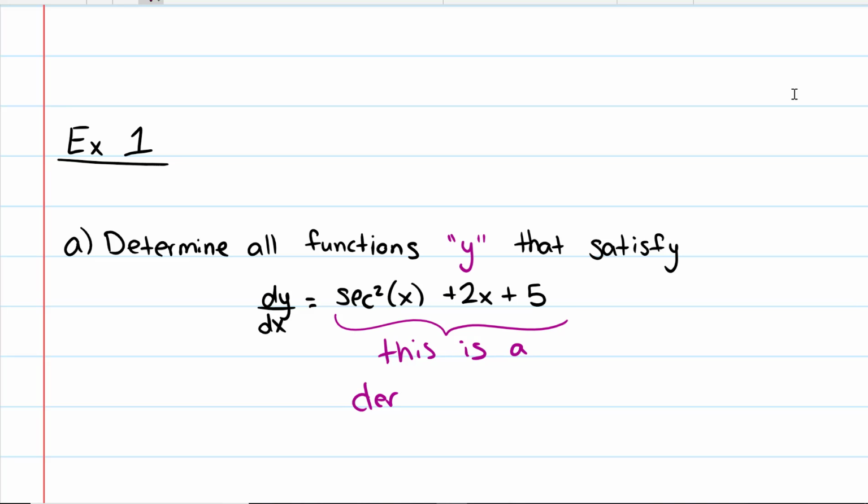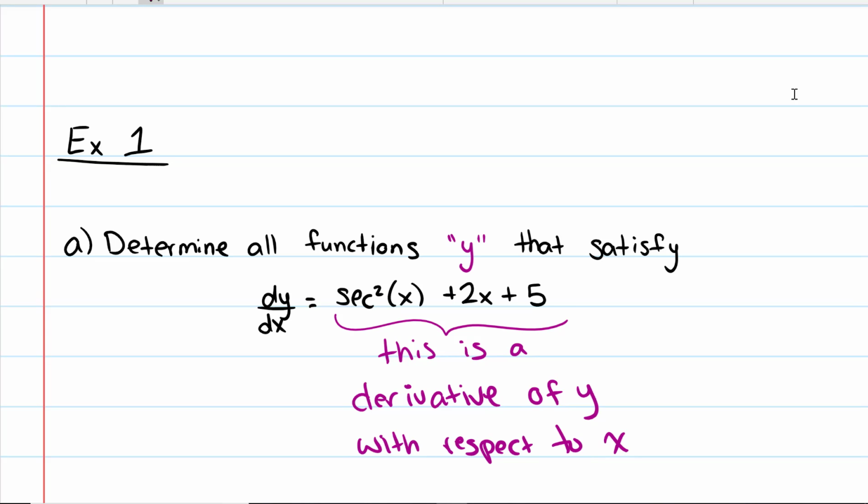And there's a difference between the and a, and we'll talk about that in a minute. This is the derivative of y with respect to x. So remember that it's also important which variable we're taking the derivative with respect to, because any variable we're not taking it with respect to is just going to be a constant.